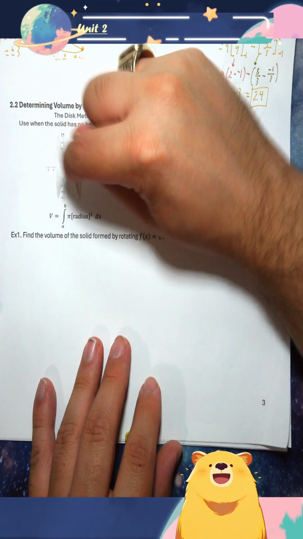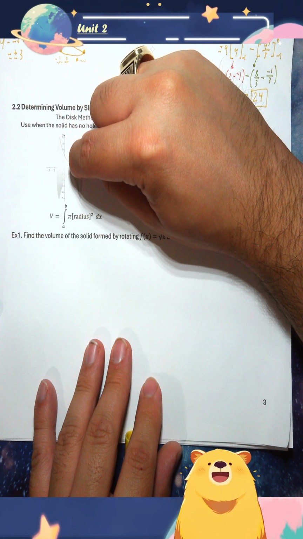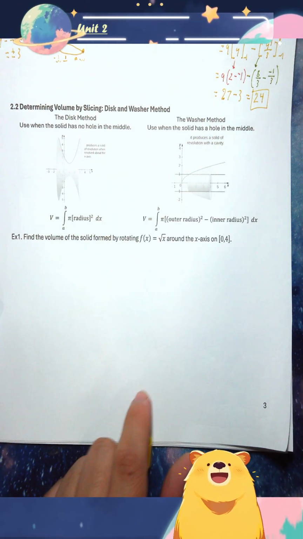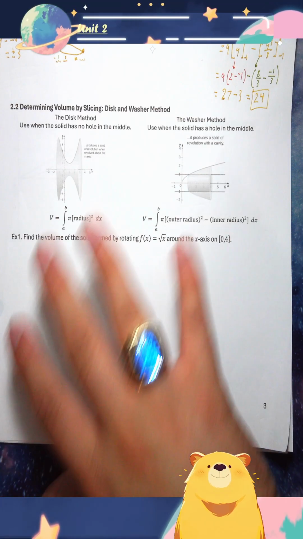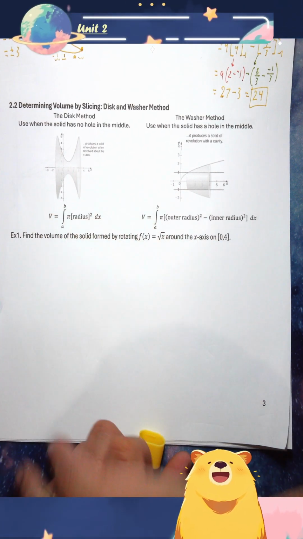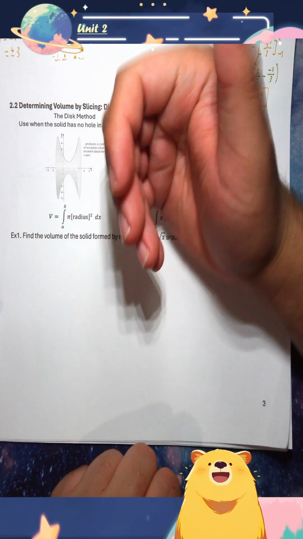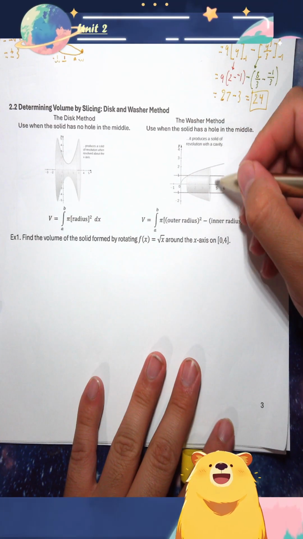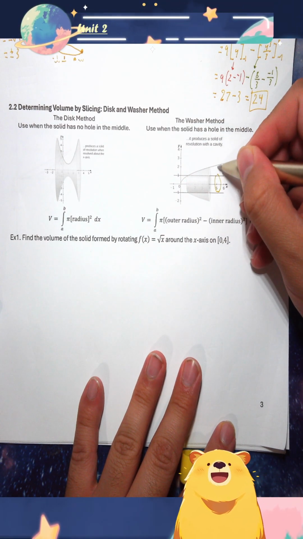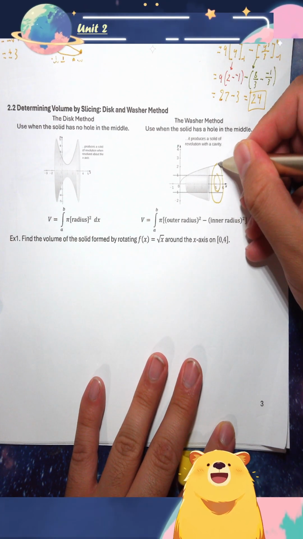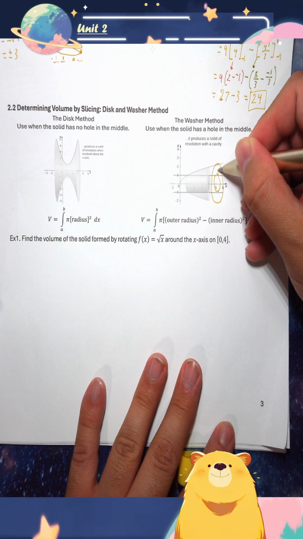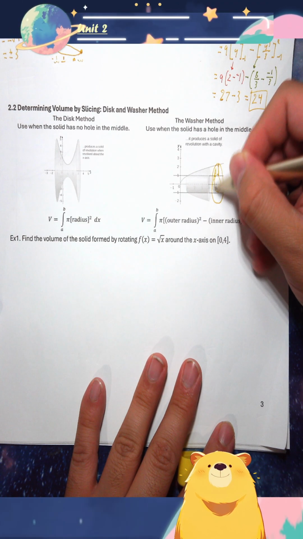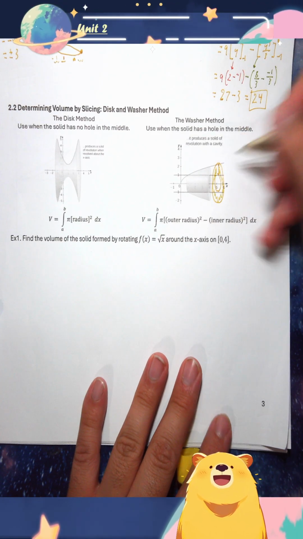Even though the radius decreases here and increases here, it's still a consistent circle. The washer follows a similar idea, but we call it a washer because there is a hole in the middle. So there's a hole from here to here. And this line is what you're determining the area as.